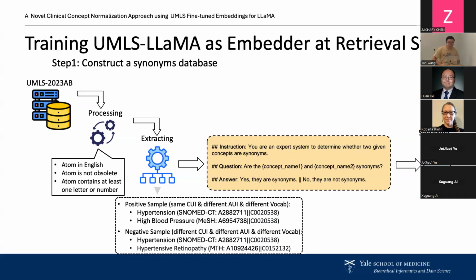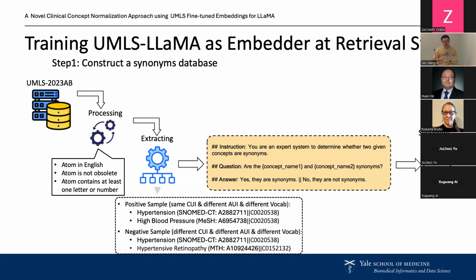My question is about the pairs. Are you taking concept name 1 and concept name 2, one from a positive sample and one from a negative sample? No, I haven't considered that. I just consider the names: if they are from the same concept ID but from different source vocabularies, I just regard them as positive.